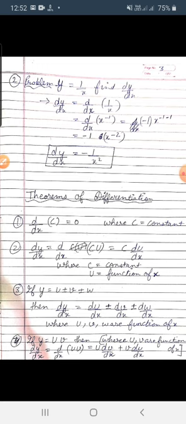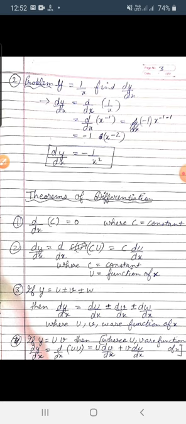Now another theorem is y is equal to u plus v plus w, given with both plus and minus when we add and when we subtract the variables. Then the differentiation is equal to du by dx plus dv by dx plus dw by dx.